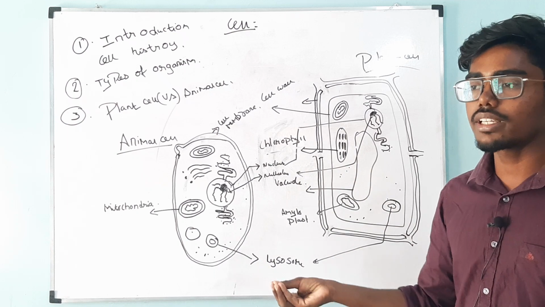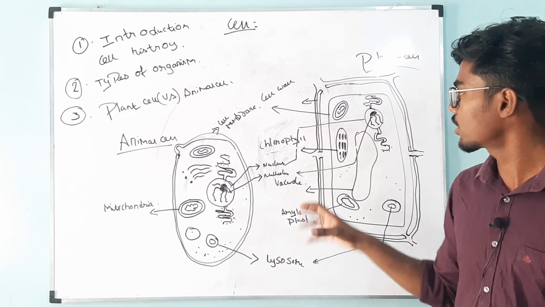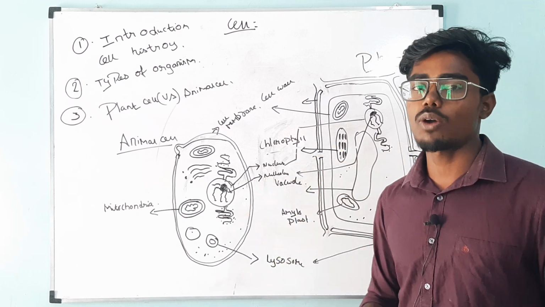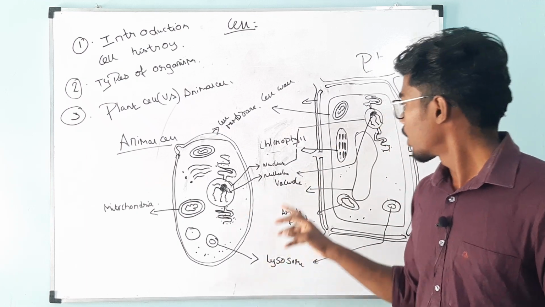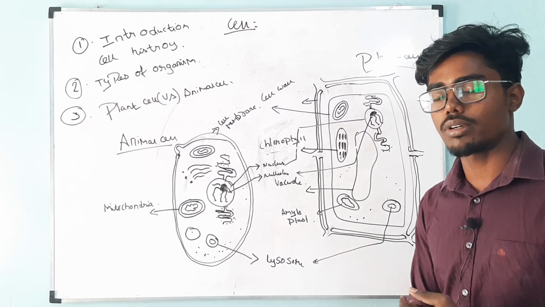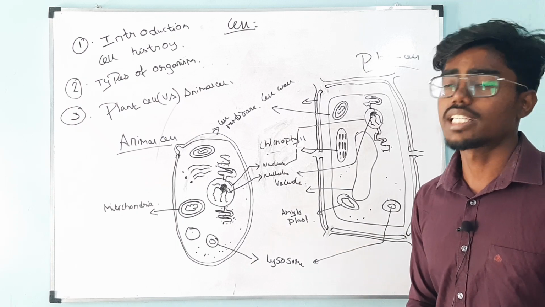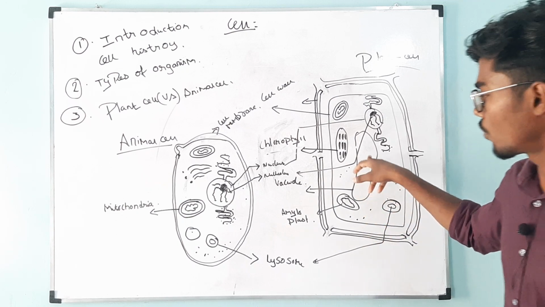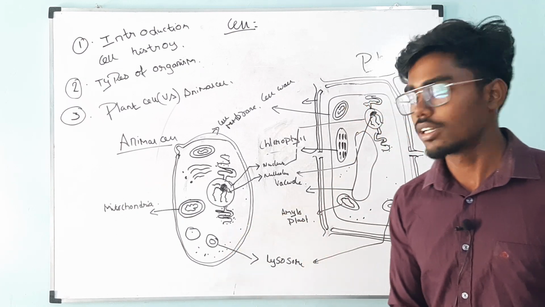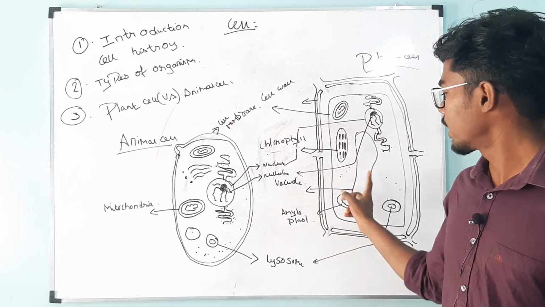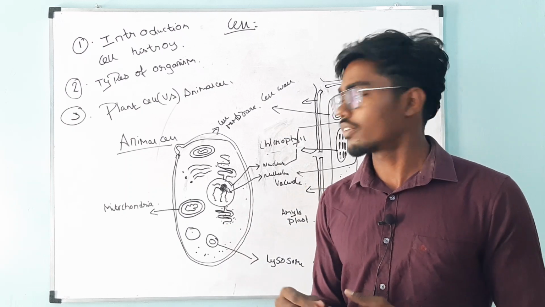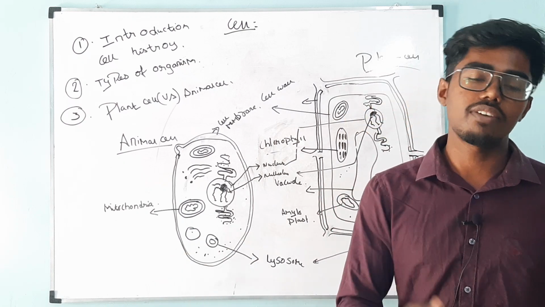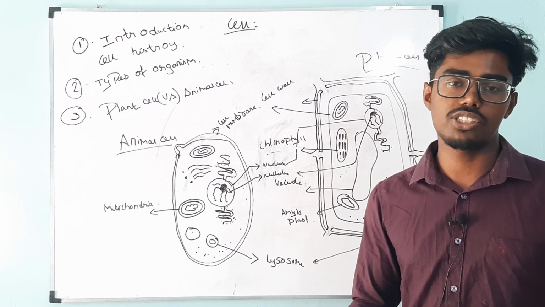To prevent the evaporation, the cell wall is an extra layer. In the animal cell we only see the cell membrane, but in the plant cell we have both the cell wall and the cell membrane. The third important thing is the vacuole. The vacuole is a storage place in the plant. It is not present in the animal cell, because we can move from one place to another in search of food whenever it is needed.